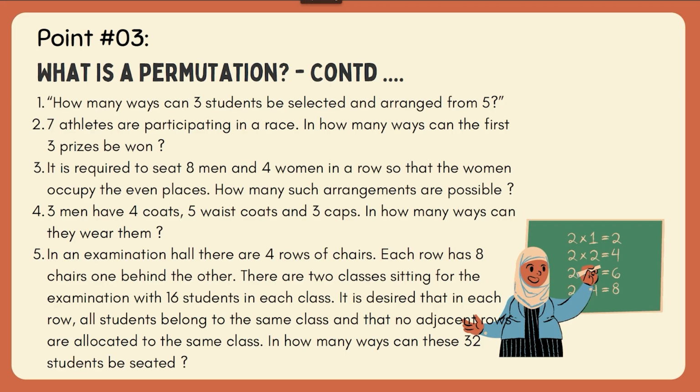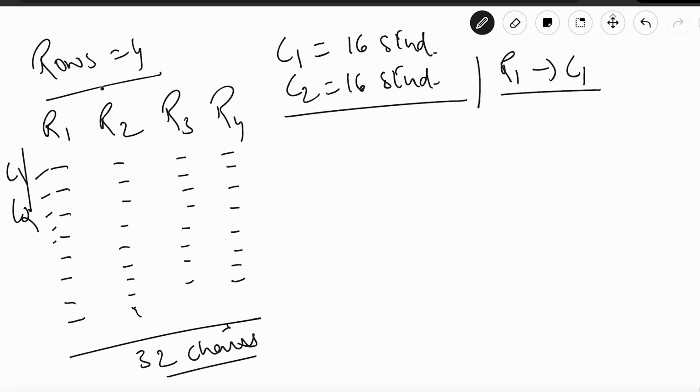And another thing is, no adjacent rows are allocated to the same class. So if C1 is sitting here, then C1 cannot sit here. Only C2 can sit here. If C2 is seated at R1, C2 cannot sit at R2. It will be C1. So there are 2 possibilities.